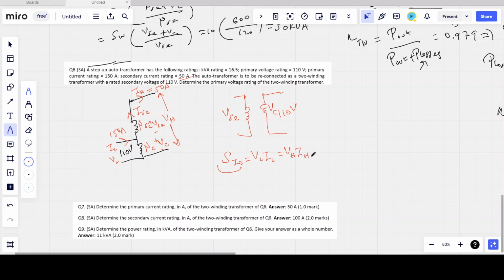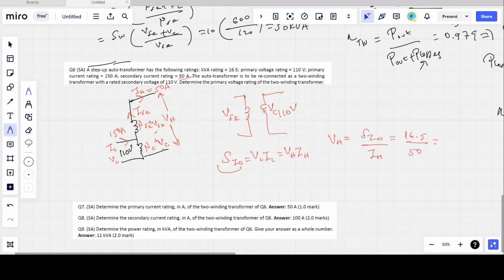So now we can find V high as SIO divided by I high. And if I do this mathematics, SIO, which is 16.5, divided by I high, which is 50, will give me V high.